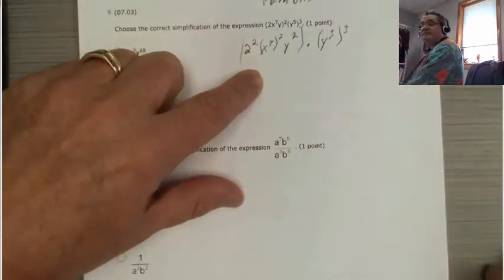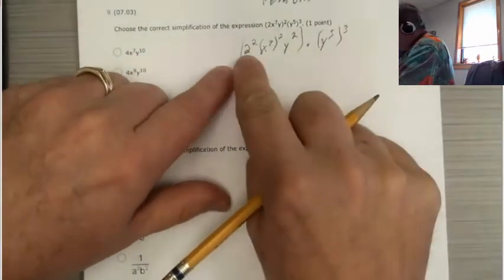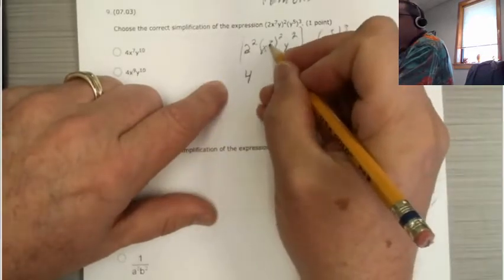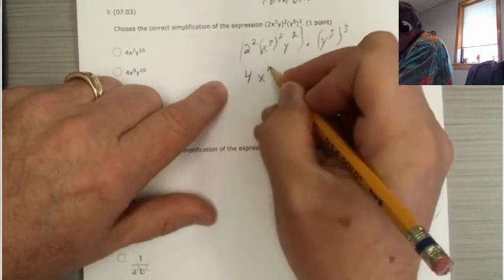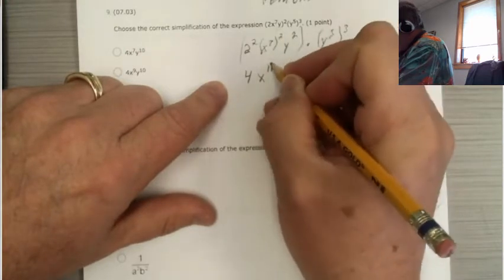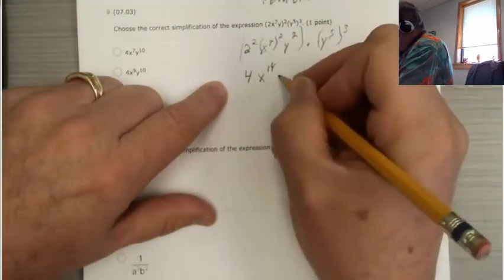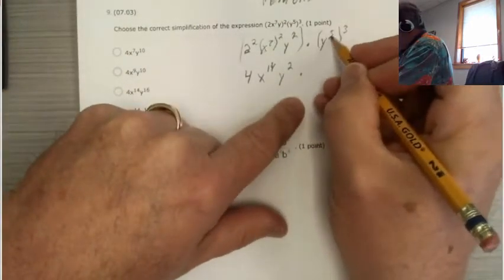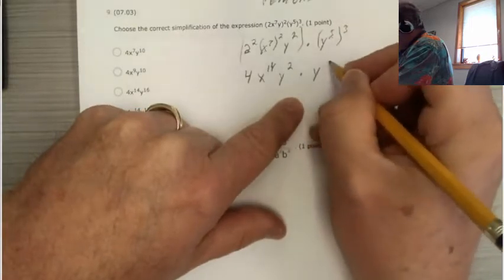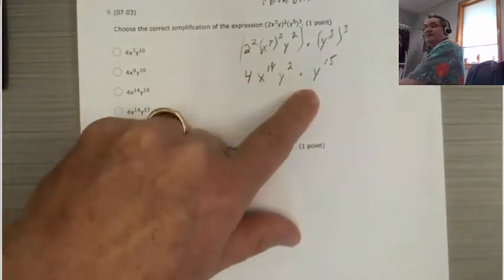All right. So let's take care of this. 2 squared is 4. X to the 7th squared is x to the 14th, 7 times 2, power to a power. And then the y is squared. And then all of that's going to be multiplied by y to the 5th raised to the third power, which is y to the 15th.